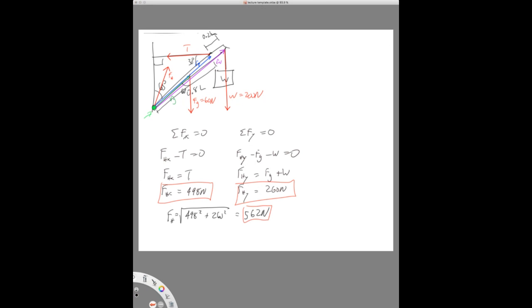And the angle for the hinge would be the inverse tangent of y over x, 260 over 498.